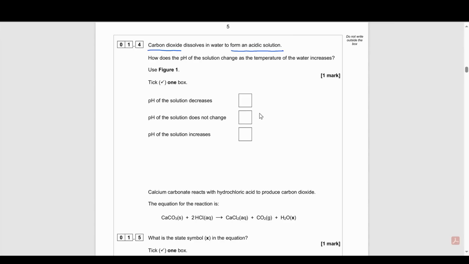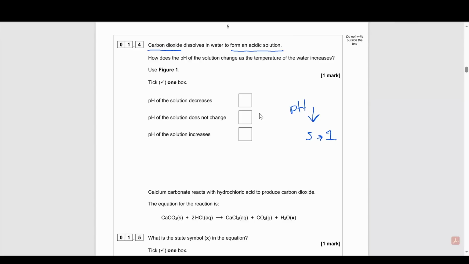So pH, if the pH is decreasing, and that means goes from 5 to 1, for example, that means that it must be getting more acidic.